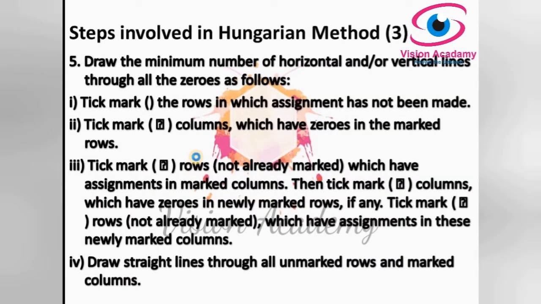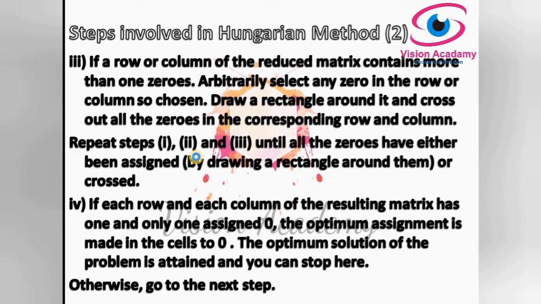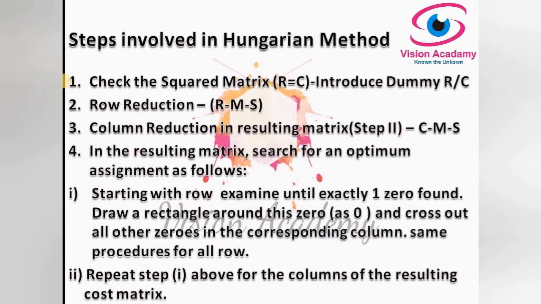Let us look into the second step, which is column reduction and row reduction. After checking the square matrix, we have to reduce the columns. I made it easy: first select a column, in the column select the minimum, and from that minimum value subtract all other values.